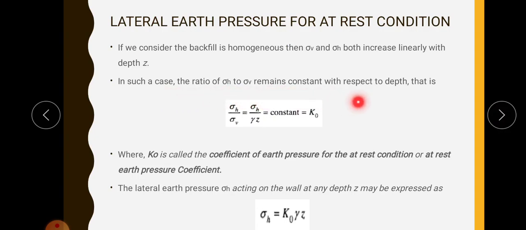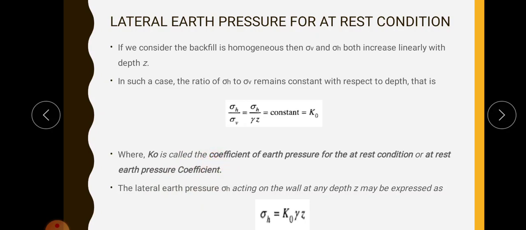That is known as the earth pressure coefficient, and in the case of at rest condition, it is represented by K naught. It is the ratio of horizontal to vertical stress, sigma H by sigma V, and sigma V is equal to unit weight of soil into depth Z. So it can be written like this, where K naught is called the coefficient of earth pressure for at rest condition, or at rest earth pressure coefficient.